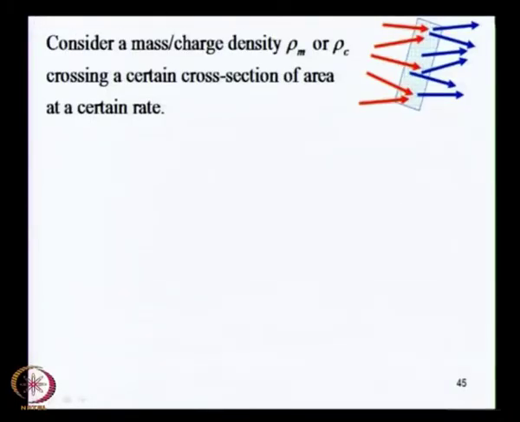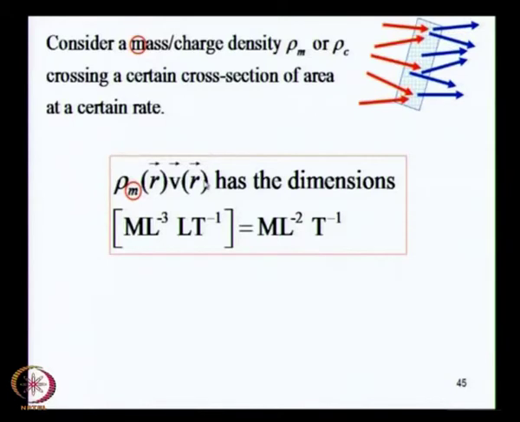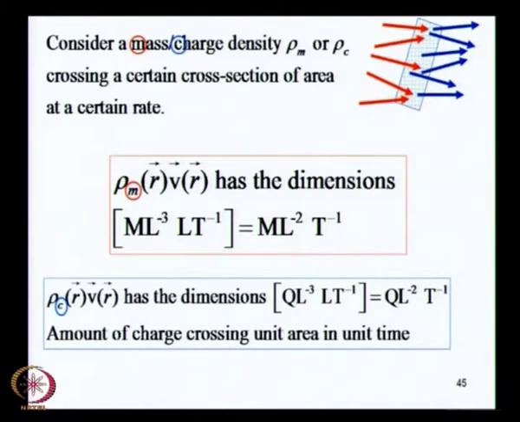So, we consider mass or charge density, either rho m or rho c, which is crossing a certain cross sectional area at a certain rate. We have defined this quantity called density times velocity. I introduced this quantity earlier, or it could be a charge density.